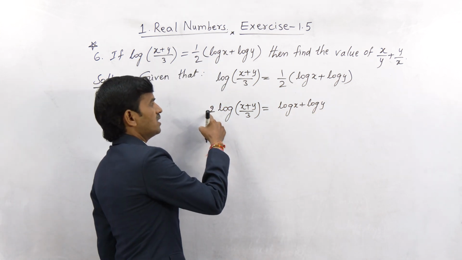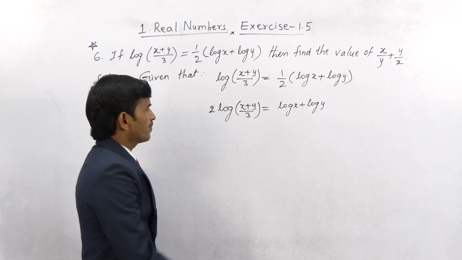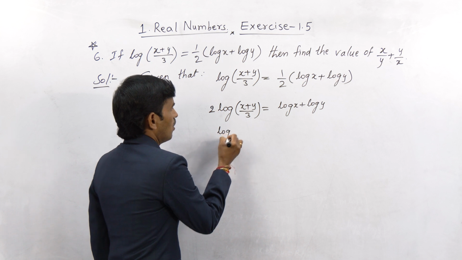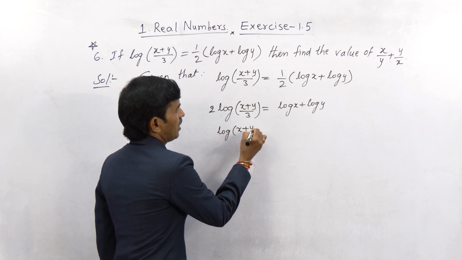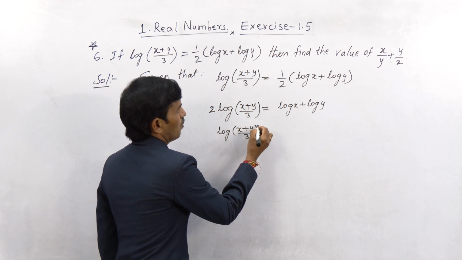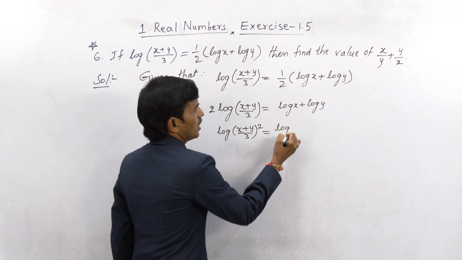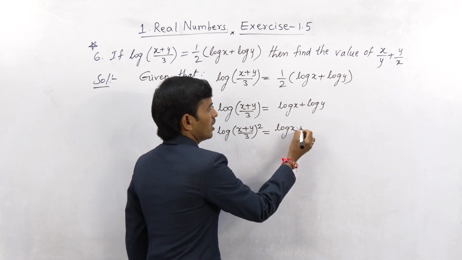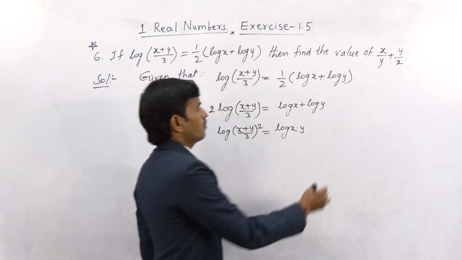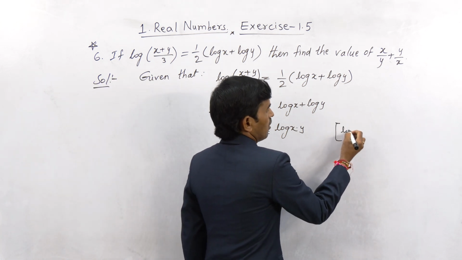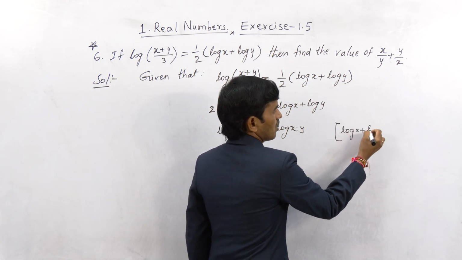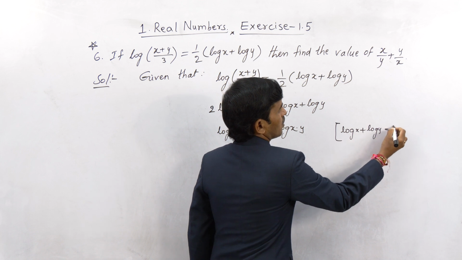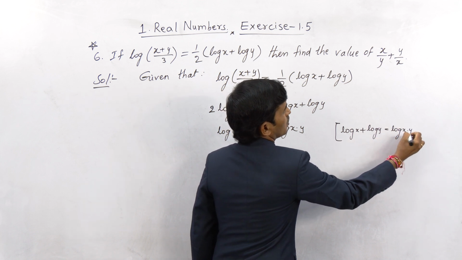So now we can write this product as a power, that is, log of ((x plus y) by 3) whole power 2, which is equal to log x plus log y, which can be written as log of x into y, based on the condition log x plus log y is equal to log of x into y.